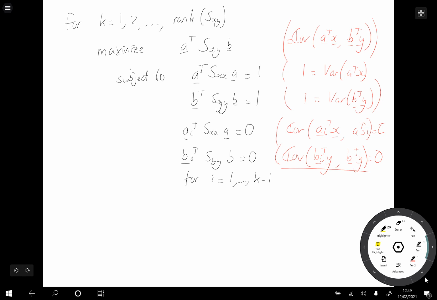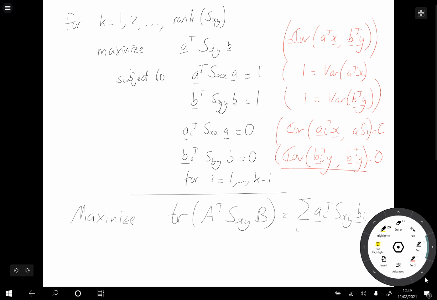So this problem could similarly be written as: maximize the trace of A transposed S_xy B. If you think about what this term is going to be, it's the sum of the A_i transposed S_xy B_i, i equals 1 up to k, say. Subject to A transposed S_xx A equal to the identity, and B transposed S_yy B equal to the identity.